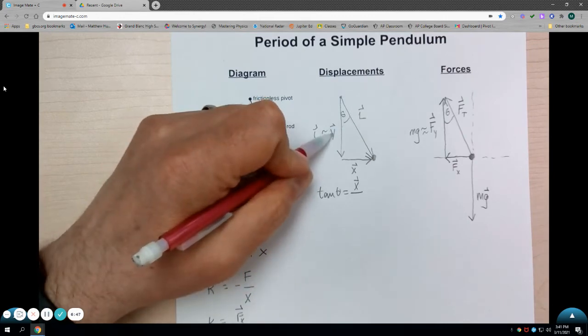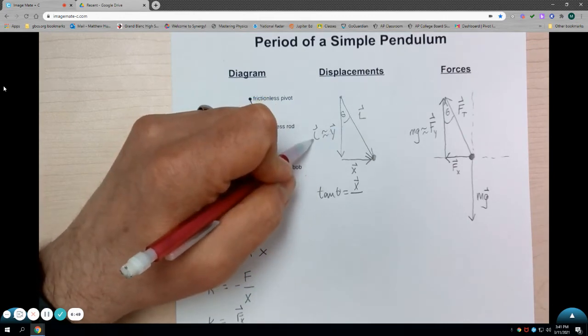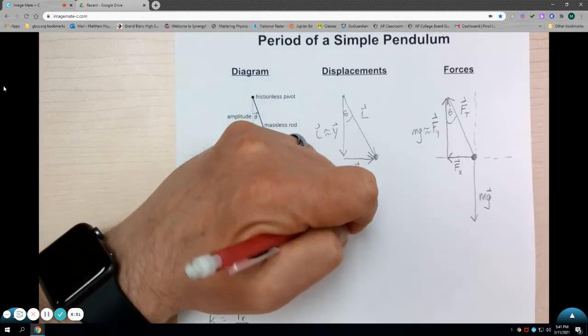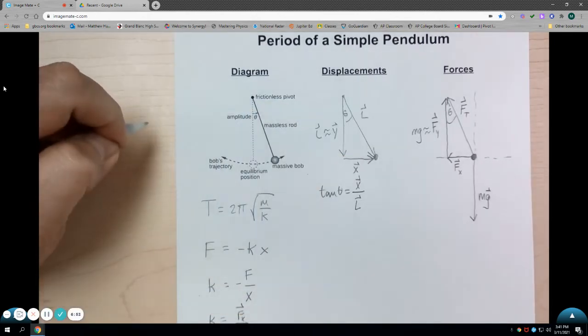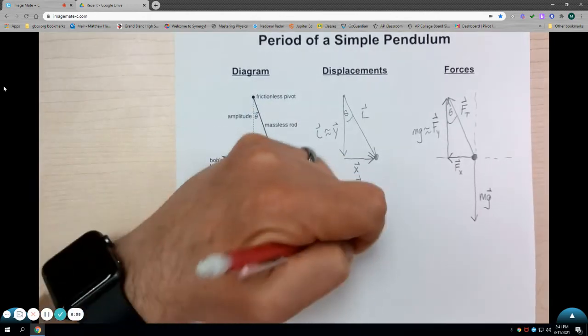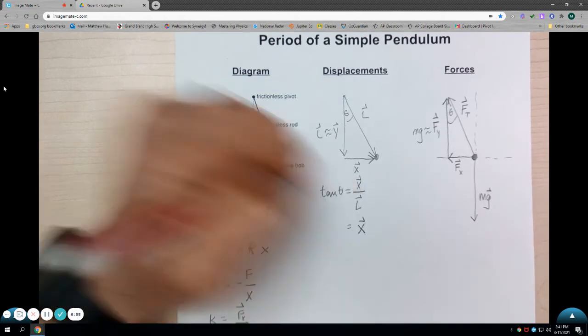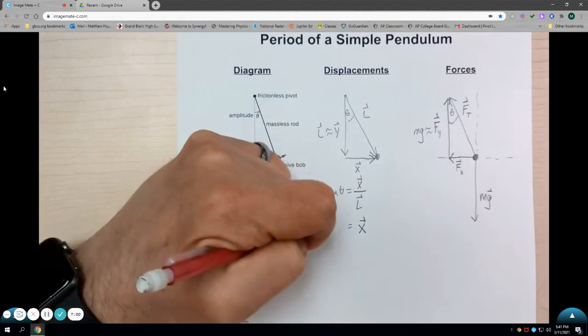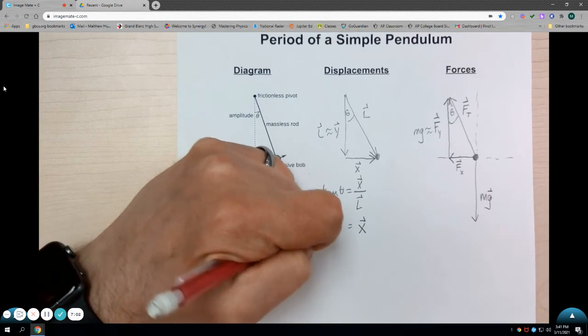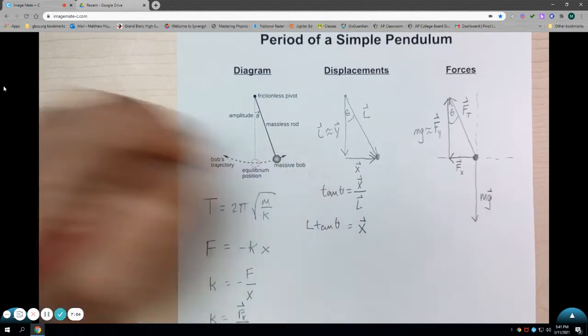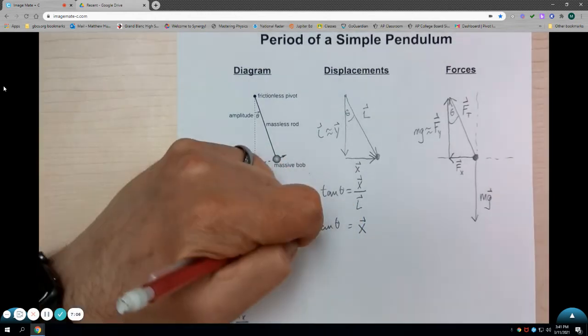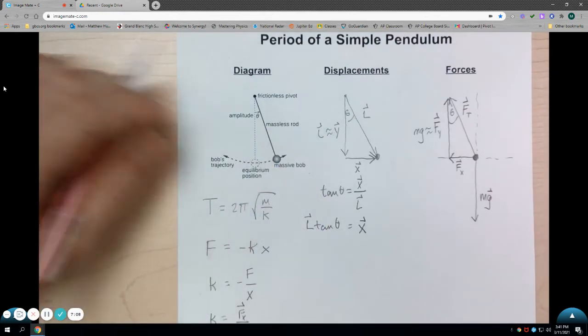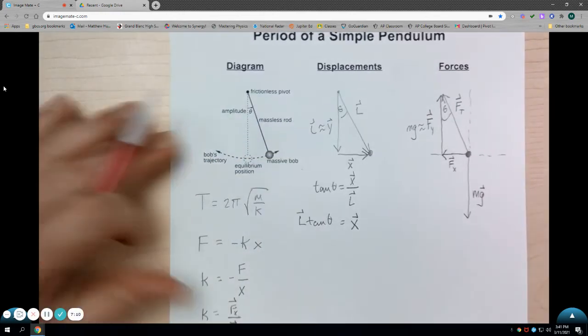But remember, y is approximately L when theta is a small angle. So I could further say x, our horizontal displacement, must be equal to L tangent theta. Keep that in mind. Now let's go over here and do something similar.